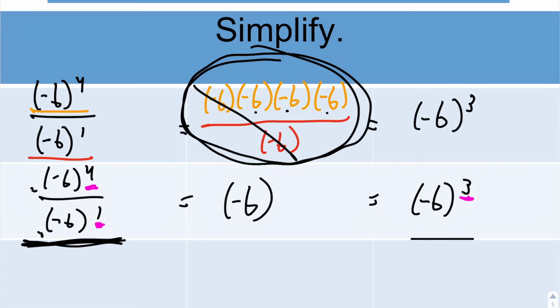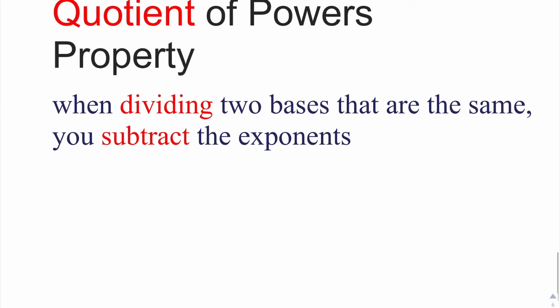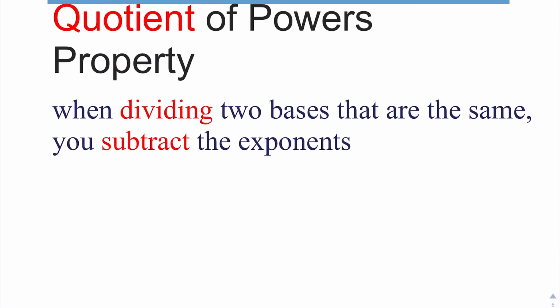Well, we subtract them. 4 minus 1, and we know that 4 minus 1 is 3. So with this property, when we're dividing and the bases are the same, we subtract the exponents. And this is called the quotient of powers property, which states that when dividing 2 bases that are the same, we subtract the exponents this time.